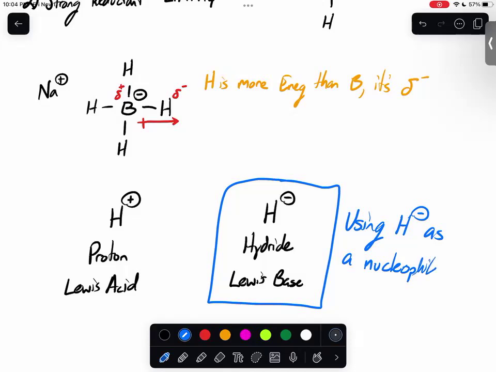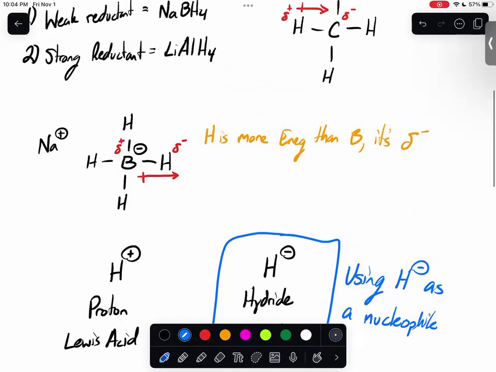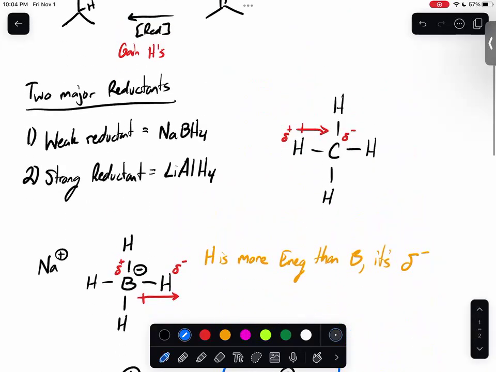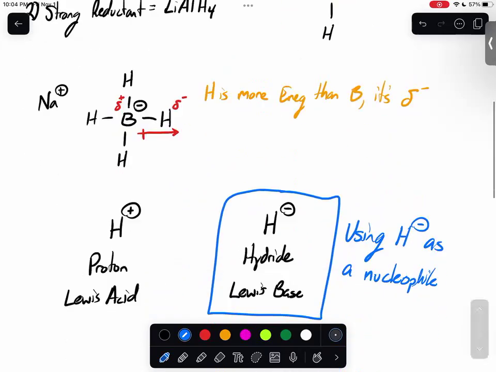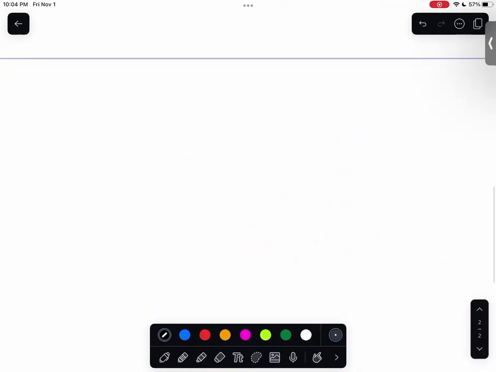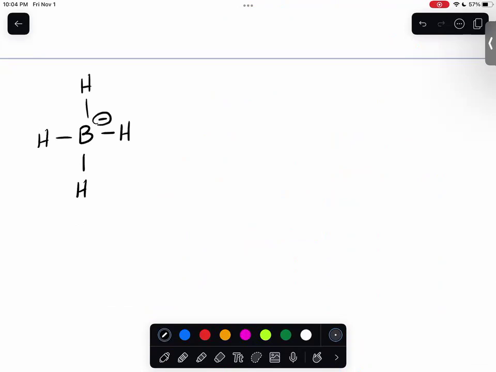And before we look at how this is used as a nucleophile, one thing that I want to point out is looking up here at our reductants, I did label one as a strong reductant and one as a weak reductant. The question is why? Well, if we look at the structures, the salt that we're forming, that counterion matters a little bit, but more important is actually the structure that is attached to the hydrides itself, right?